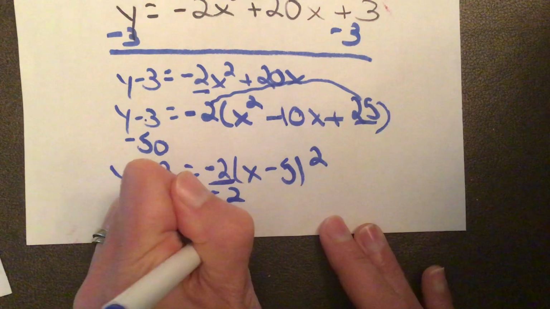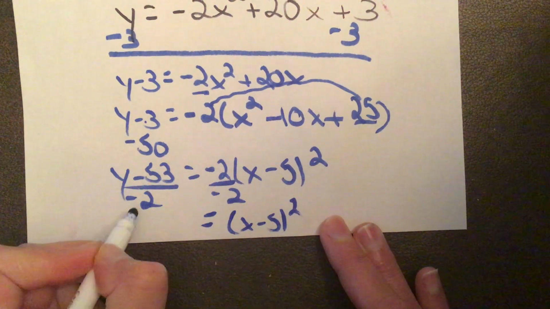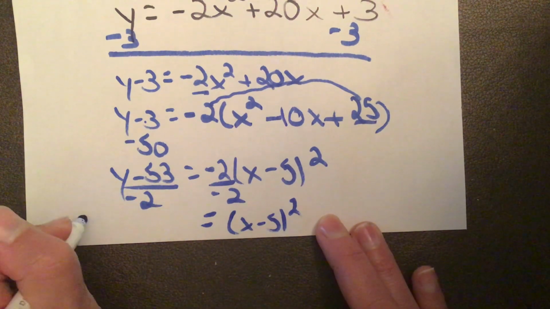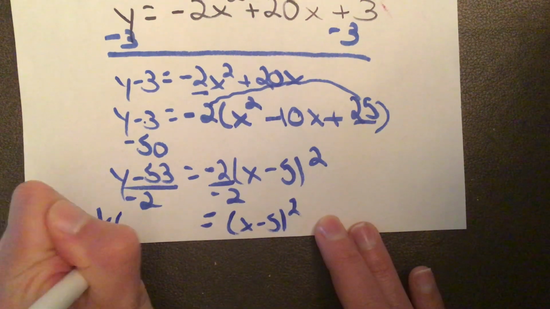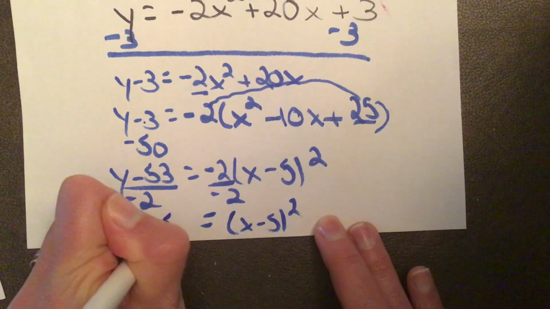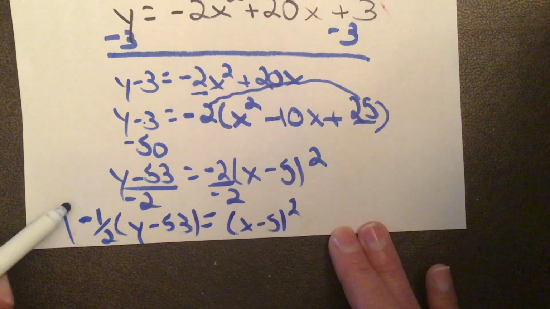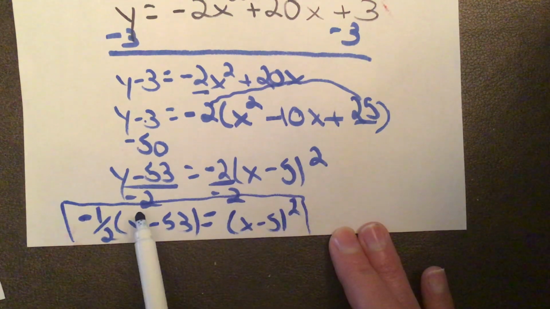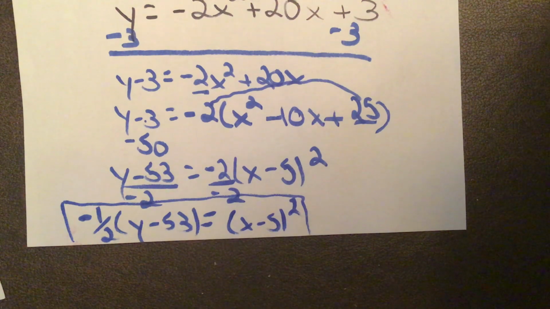This is just going to leave me with x minus 5 squared. I'm not actually going to divide each of these by -2; if I'm dividing by -2, I'm just going to write that as a -1/2 out front. So this is my equation. If you wind up with a coefficient, you have to divide it over.